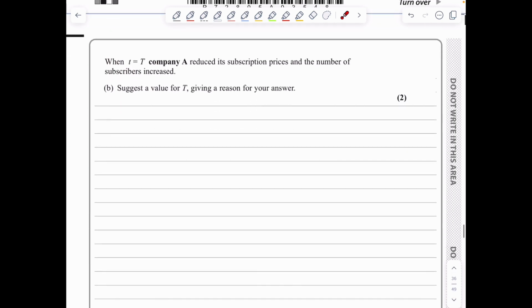Remember that NA is simply the modulus of T minus 3 plus 4. The vertex is always when the expression within the modulus is 0. So we know that the vertex will be when T is 3, and when T is 3, the value for the y is 4. So we can conclude that the value for capital T is 3. It's the x coordinate of the vertex.